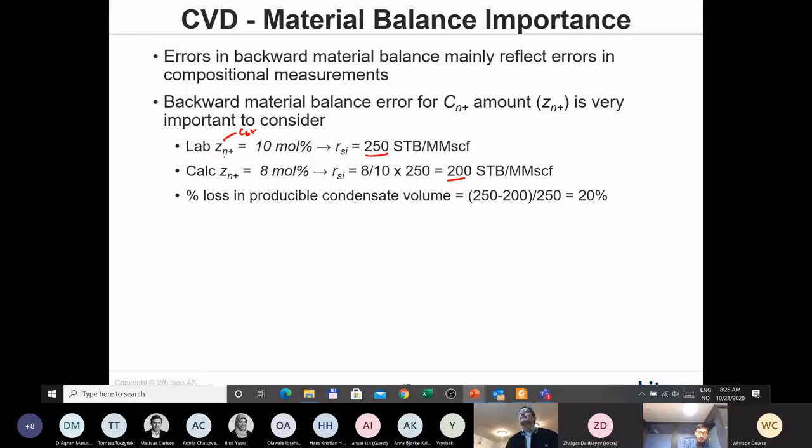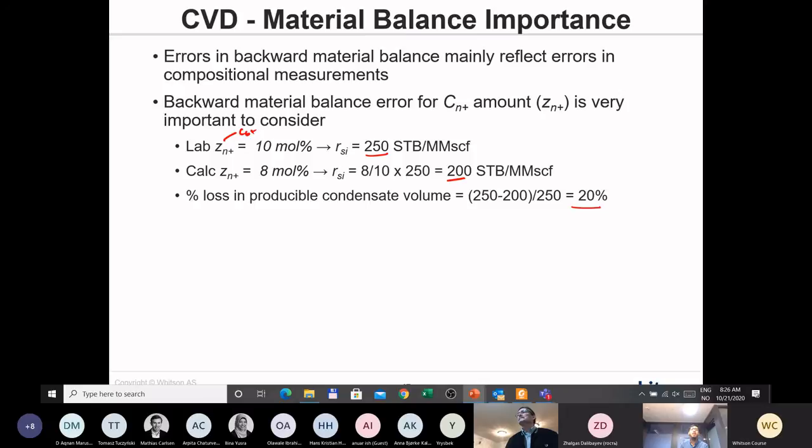Now, if the lab reported initial fluid composition is measured very accurately, it means that we have lost some producible condensate volume, 20%, in the lab while doing the CVD experiment, because this represents that you have lost some of the C6 plus content in your removed gas volume.